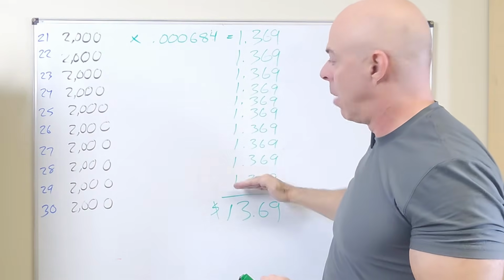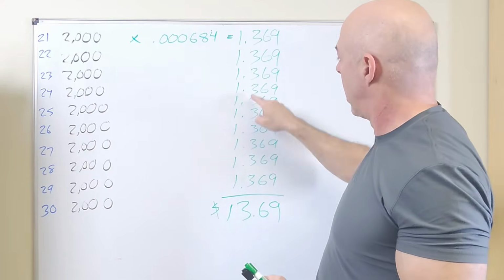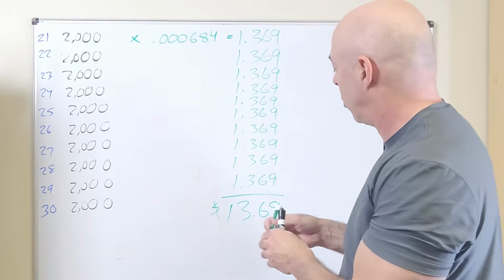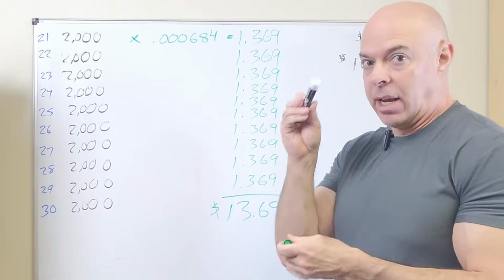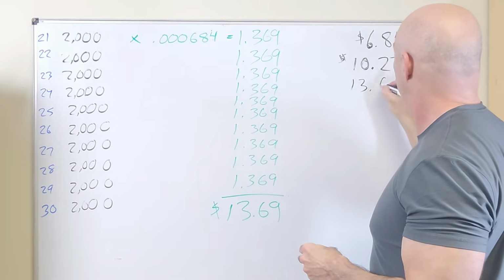But when you add them all up, in our example, since it's 2,000 every day, multiplying is the same every day. 10 times that is 13.69. Again, since it was 10 days, you could just say times 10. So for the last 10 days, our interest is $13.69.